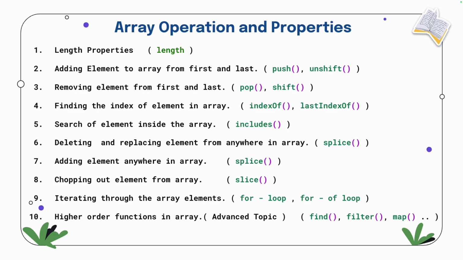So that we are not going to check in the basic concept, but I have mentioned that advanced topic here at the last, right? This topic can only be taught when we have covered one feature or concept called callback functions, which we will see in the future, and then again I'll come back here and teach these higher order functions. Okay, so some of the advanced concepts are also there, some of the small concepts are also there.